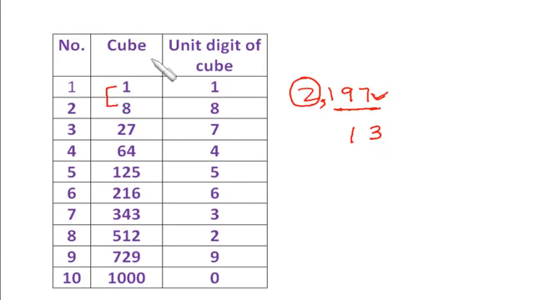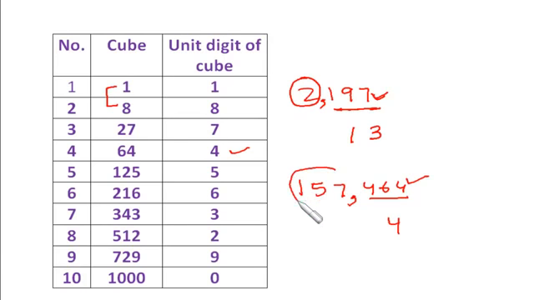Now let's take one more number. It's 157,464. Now we have to make the sets. It's 464 and 157. Now the unit digit of this number is 4. So we'll have the unit digit of the cube root also 4.